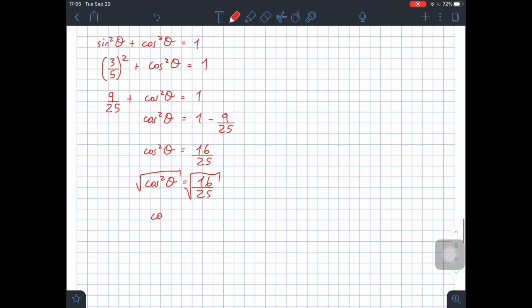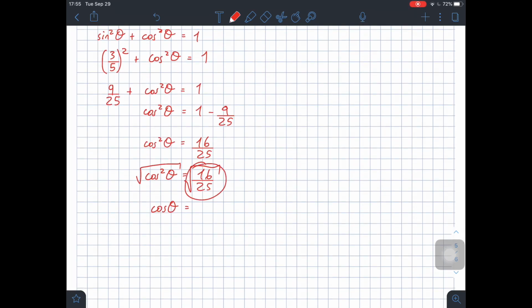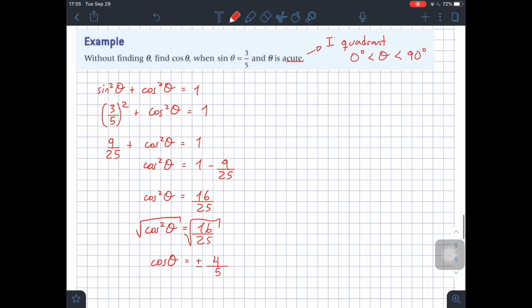And we're going to get that cosine of theta is equal to, remember whenever we apply a square root, we need to write this actually as plus or minus. So plus or minus square root of 16, that's 4, and square root of 25, that's 5. So plus or minus 4 over 5. But we're told that theta is acute. And if it's acute, it means that it's in the first quadrant.